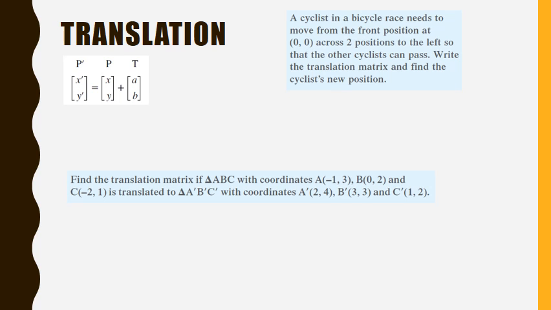So, translations are a fairly straightforward one. All you really need to do to find the new set of points is to take the original set of points and then add it with whatever you're translating. So, a cyclist in a bicycle race needs to move from the front position at 0, 0 across 2 positions to the left so that the other cyclist can pass.